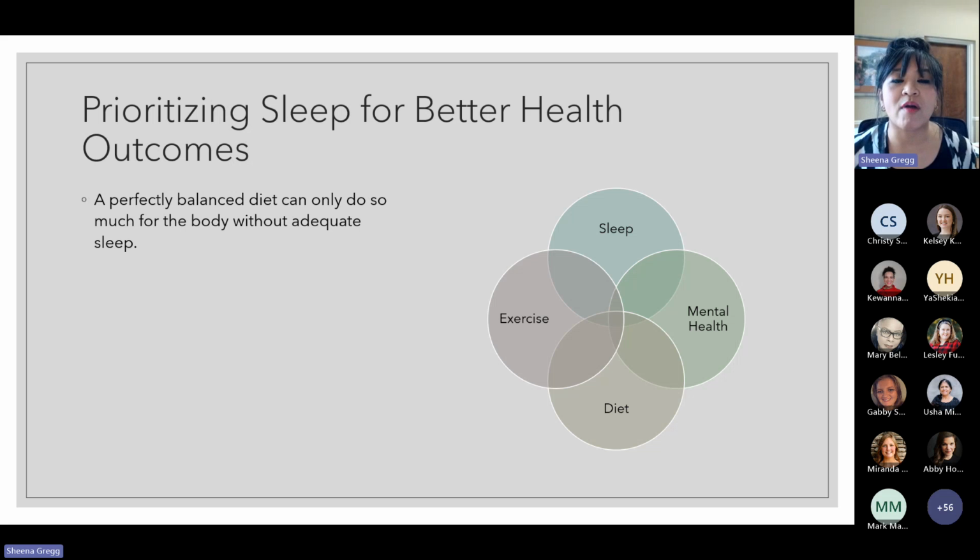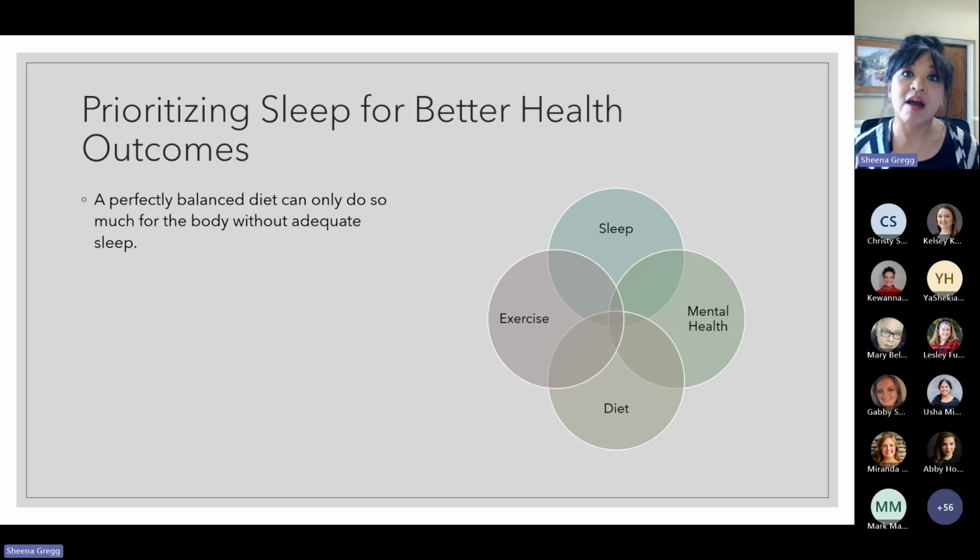All of these are so important as we think about affecting our physical health and our mental health. It is important to note that a perfectly balanced diet can only do so much for the body without adequate sleep. And same thing goes, if you are consistently physically active but you're lacking in the other areas, that's going to be problematic. And if we're lacking in sleep, that's going to be problematic for the other areas.